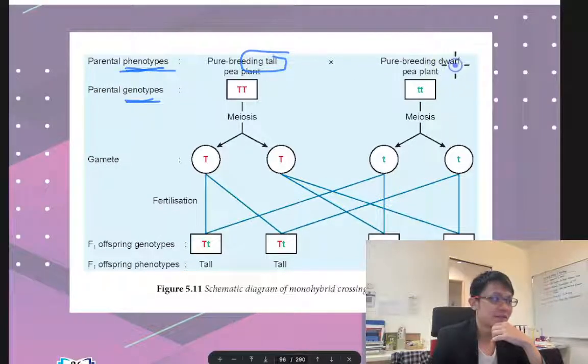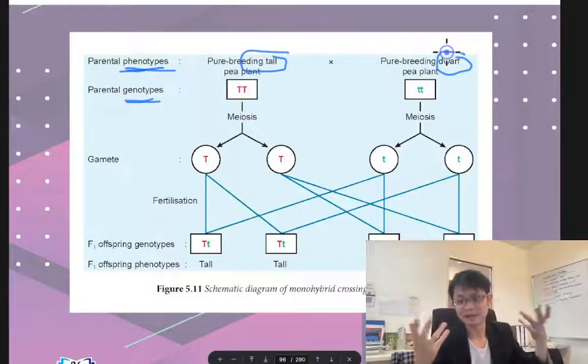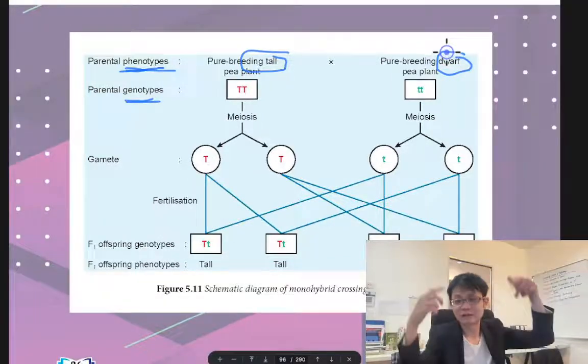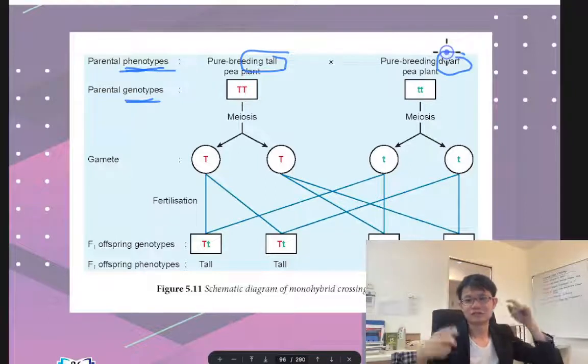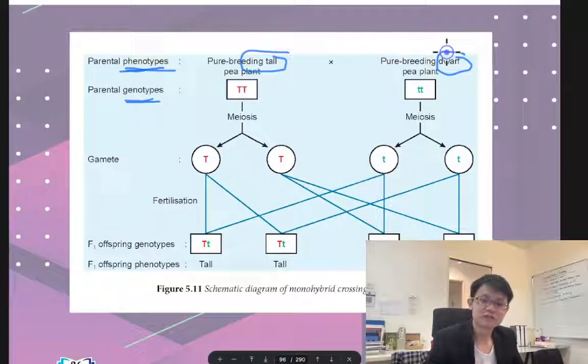The phenotype is dwarf. Dwarf means very small or short. Usually students don't know because they did not read the question. Sometimes the question is very long, then the student will just skip. But if the question asks phenotype, read properly, usually it is in the question. Genotype is also in the question.